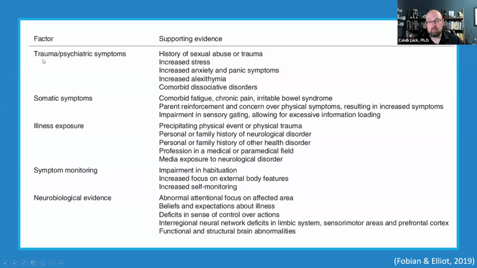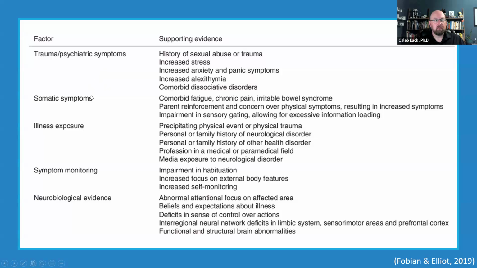So having traumatic events or other kinds of psychiatric symptoms, bodily focused somatic symptoms, exposure to different kinds of illnesses, particularly in your immediate family or in your profession, very high symptom monitoring, so lots of attention paid to your own body and symptoms, and then neurobiological aspects as well.